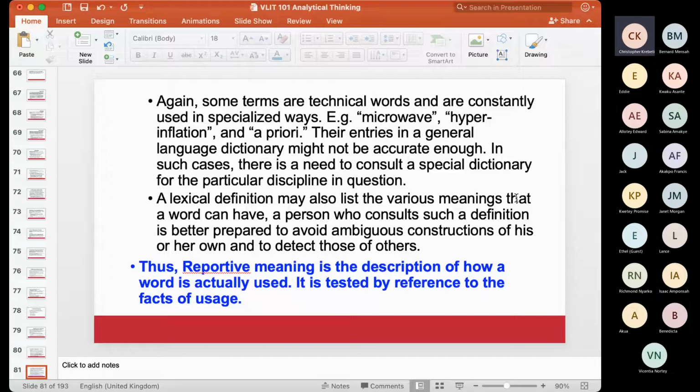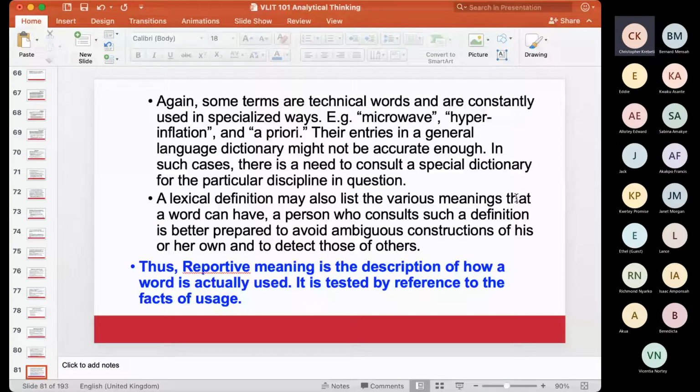Their entries in a general language dictionary might not be accurate enough. So in such cases, you have to consult a very special dictionary for the particular discipline in question. I've mentioned several disciplines. For instance, microwave, you need some physics dictionary to understand what is called microwave.